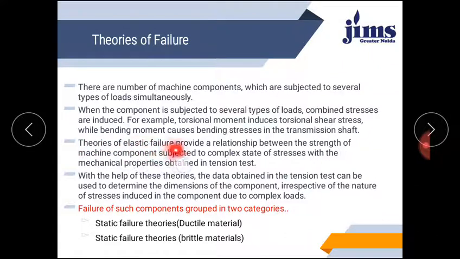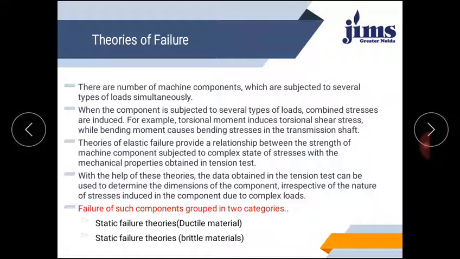Theory of elastic failure provides a relationship between the strength of a machine component subjected to a complex state of stresses and the mechanical properties obtained in a tension test. The properties we get are calculated on the basis of the tension test, as we are all aware of the universal testing machines, where we get proportional limit, ultimate strength, yield strength, fracture point, and all these properties.